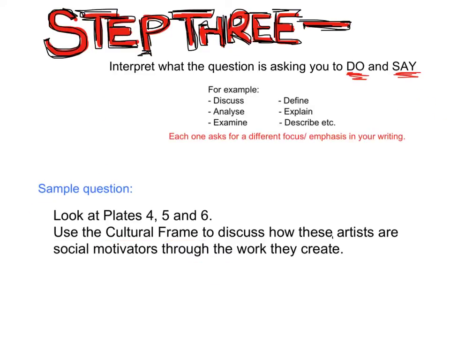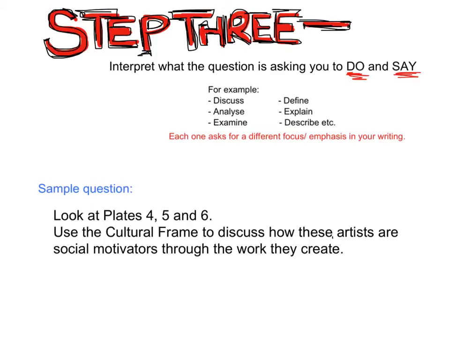Identifying the specific area of content will help guide your response in a particular way because it asks you to draw focus to particular features of a work. For example, when dealing with a cultural frame question, you will be looking at social class or status, ideology, racism, anything cultural. However, it's not really enough. You still need to be able to identify what the question is actually asking you to do and say.